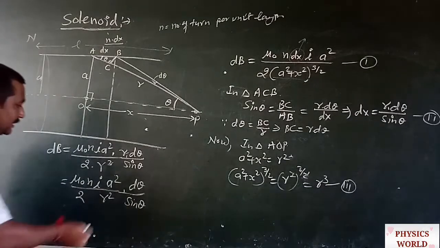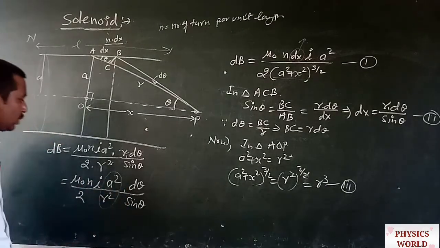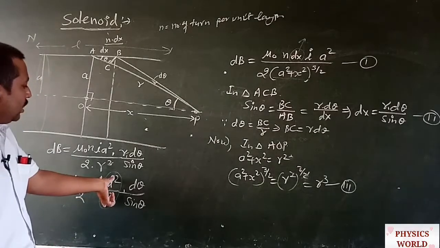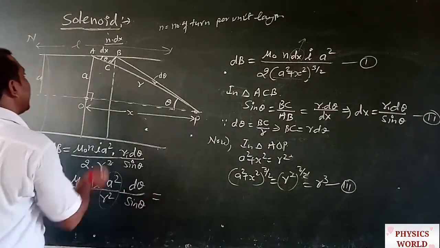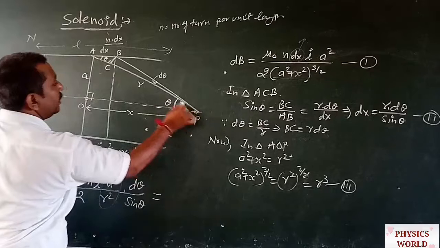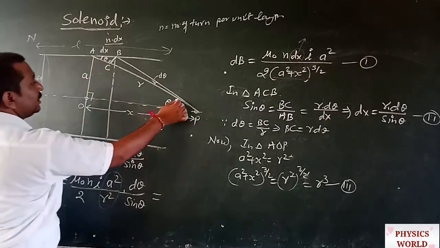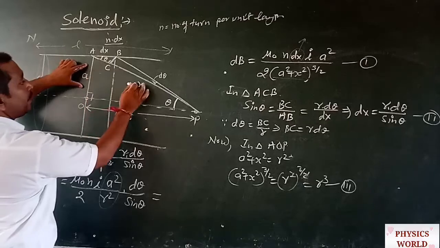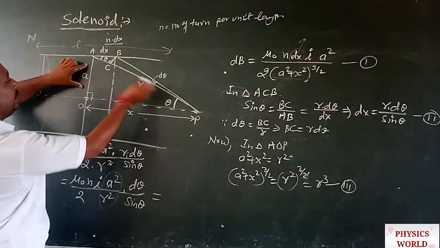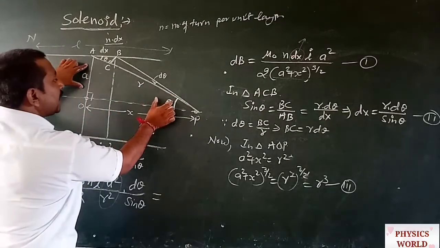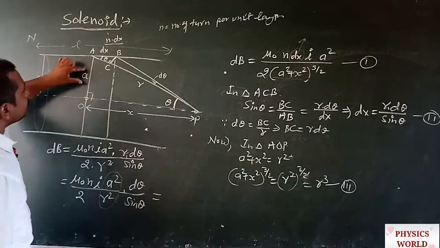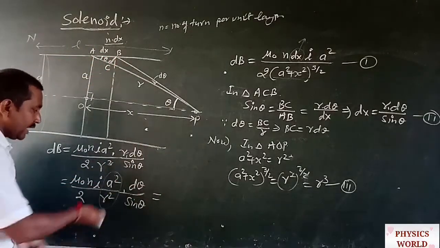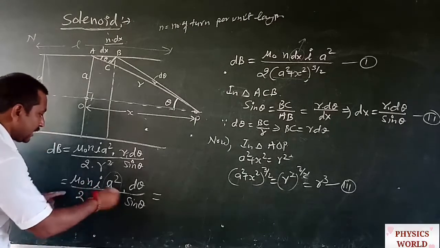Now we are seeing two different terms, a square by R square. If we want to eliminate them in terms of theta, we look again in the triangle AOP. In this triangle, sine of theta equals a by R, perpendicular upon hypotenuse. So a square by R square can be replaced with sine square theta.